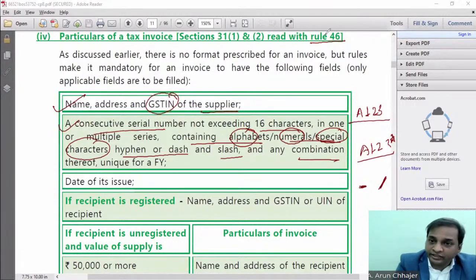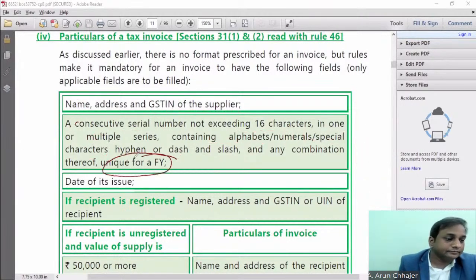But it should be unique for a financial year. You cannot duplicate, you cannot use the same number again in the same financial year. You cannot repeat an invoice number which you have already issued in the same financial year.